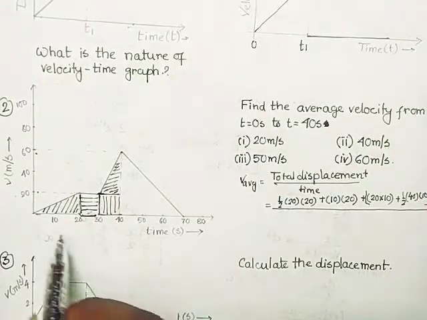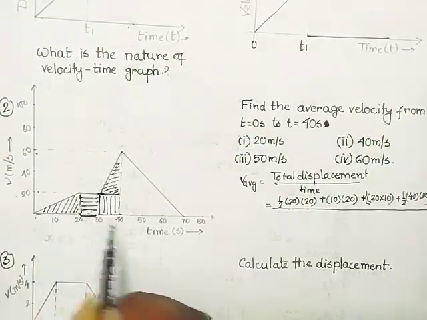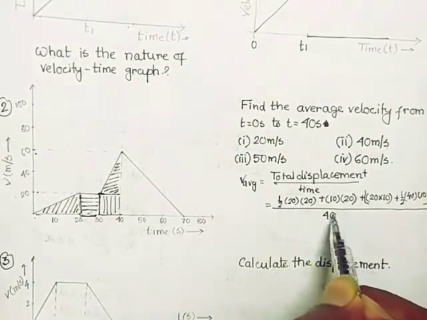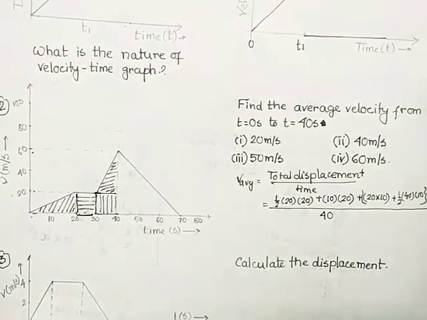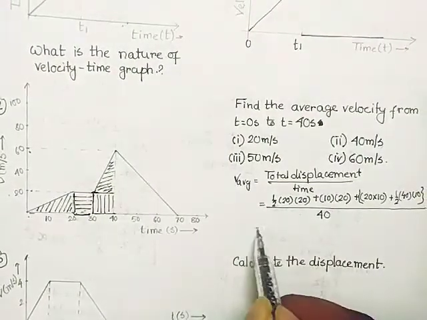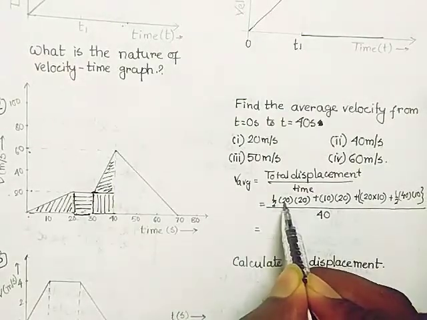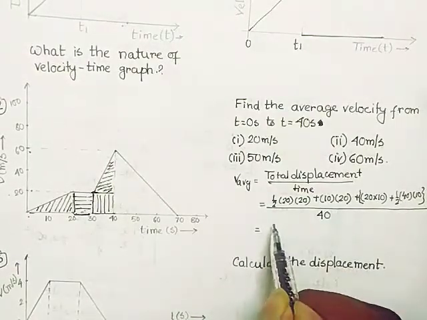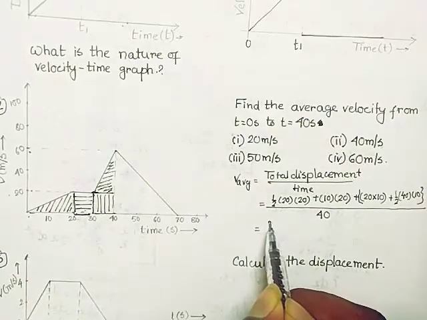Now the time is from 0 to 40. So this is the time. If I calculate this, we will get the average velocity. So it is half into 10 into 20, which is 100. 10 into 20 is 200.